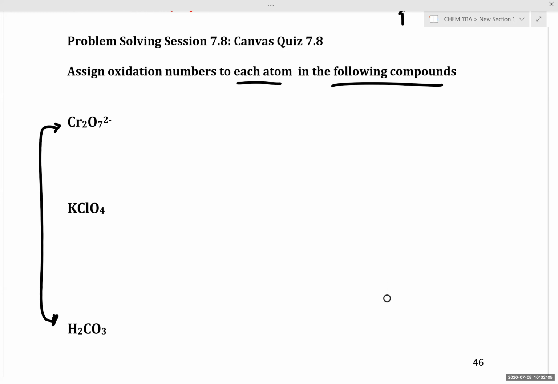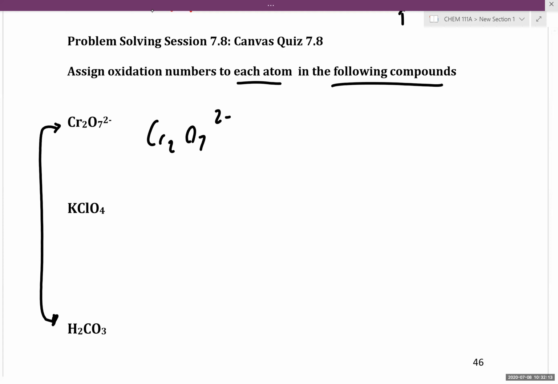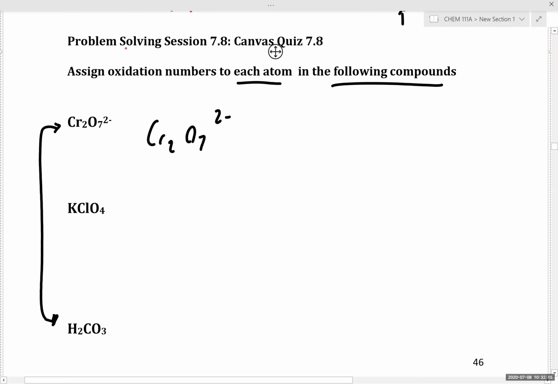Okay, so let's discuss this example. So in dichromate, Cr2O7 2-, we know that oxygen has a -2 oxidation number.